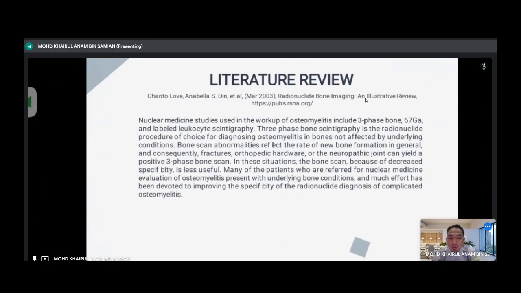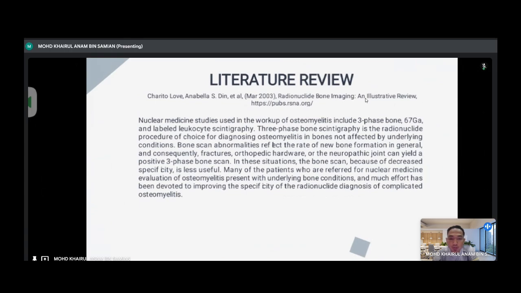Nuclear medicine studies used in the workup of osteomyelitis include three-phase bone, 67 gallium, and labeled leukocyte scintigraphy. Three-phase bone scintigraphy is the radionuclide procedure of choice for diagnosing osteomyelitis in bones not affected by underlying conditions.